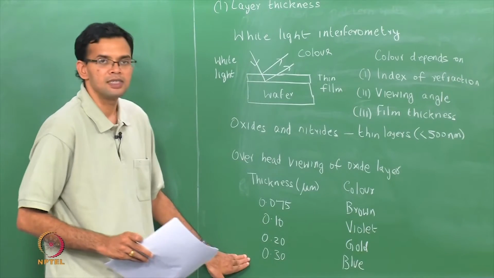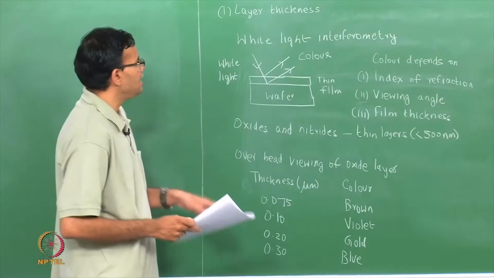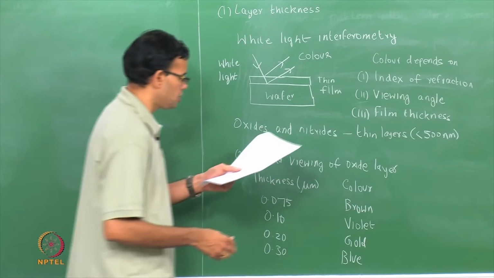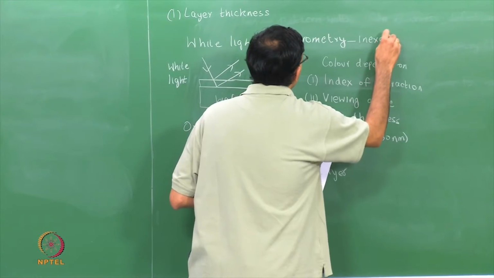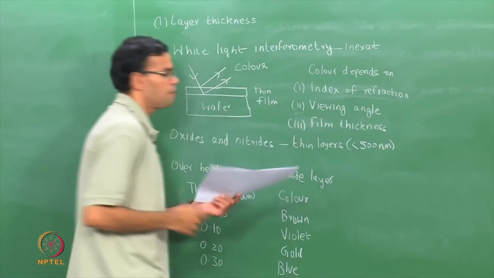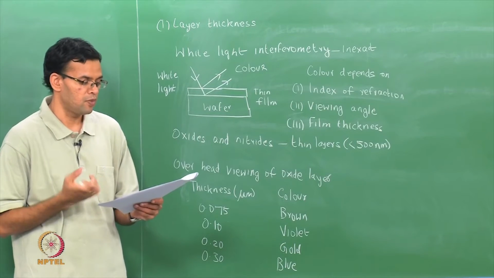So, as your thickness increases, the whole thing will again cycle. So, white light interferometry is an approximate technique, it is not very exact, but it is an approximate technique for estimating the thickness of the film.